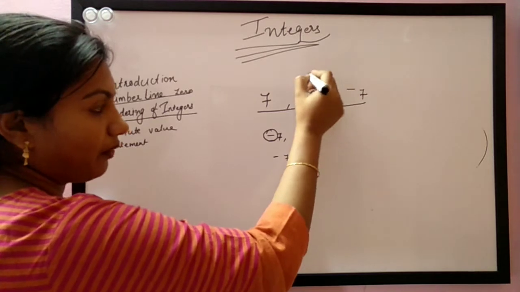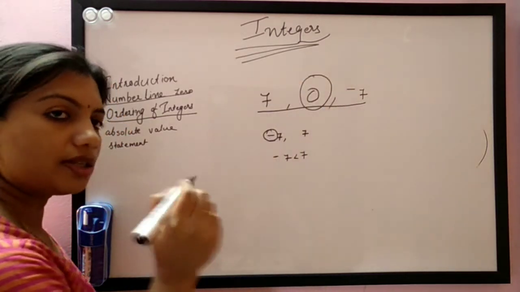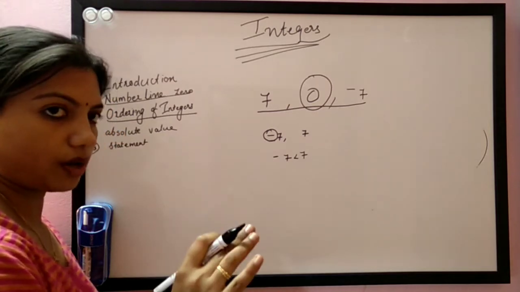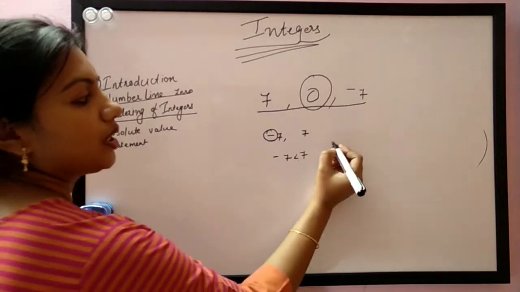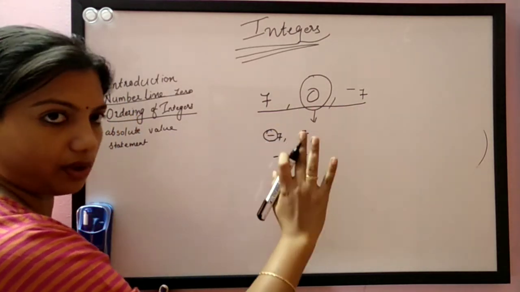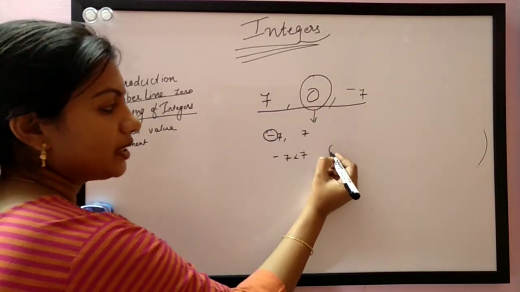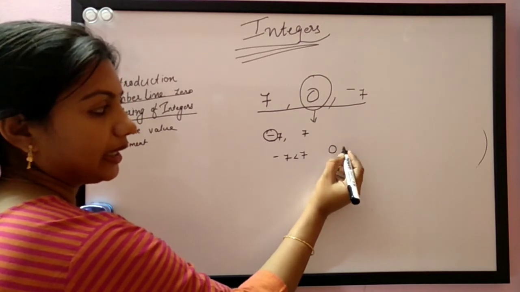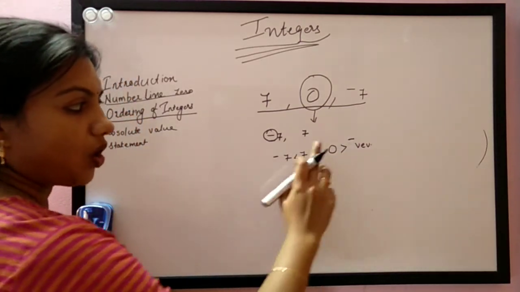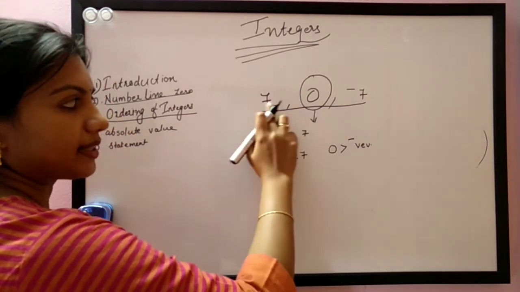Now you have a question about 0. 0 is neither a negative number nor a positive number. So 0 is in the middle of all the positive and negative numbers. 0 is greater than all the negative numbers. All negative numbers are less than 0.